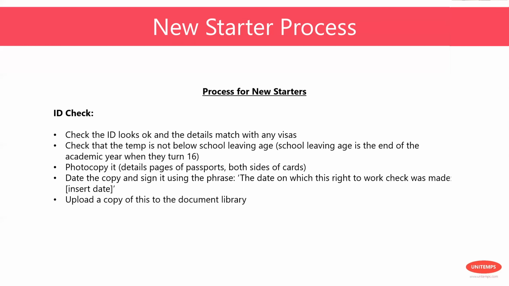Right, so this is the actual process for how to get somebody onboarded onto your payroll. I will say, before we get into the process of meeting them, the first thing you should do is send them their key information document.